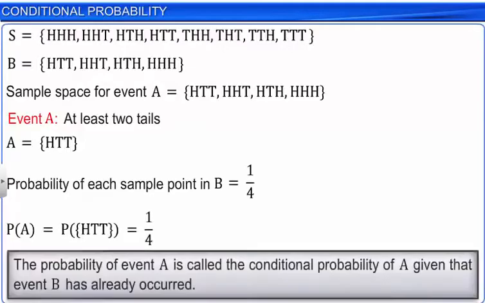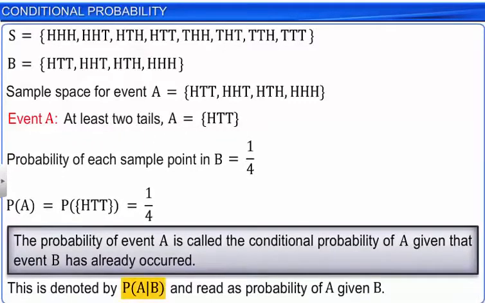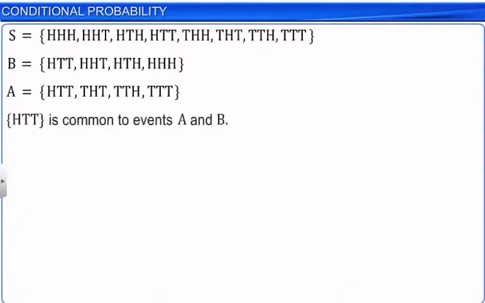Here, the probability of event A is called the conditional probability of A given that event B has already occurred. This is denoted as shown and is read as the probability of A given B. Observe that the sample point of event A given that event B has already occurred is common to both event A as well as event B.